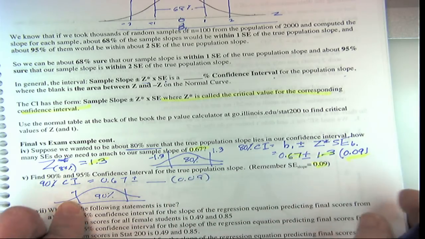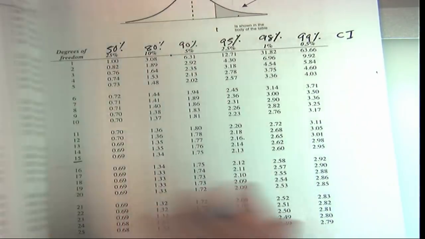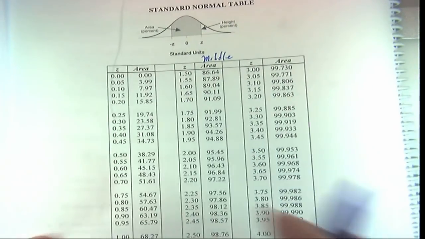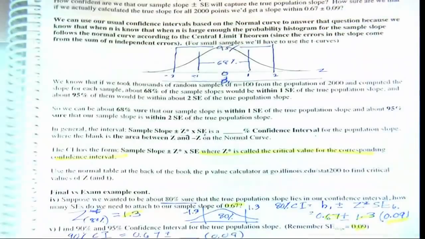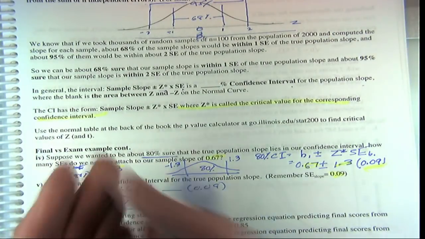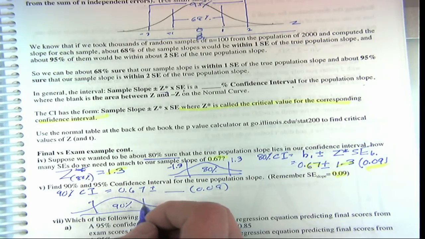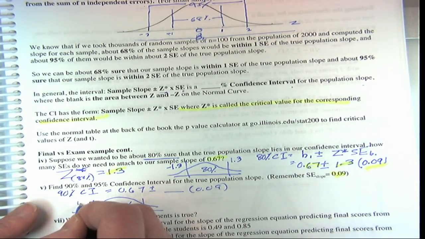It's going to be 1.65, I think. Let me just check. 90% in the middle. Yeah, 1.65. As we get more and more confident, we're going to have to make bigger intervals to be that confident.